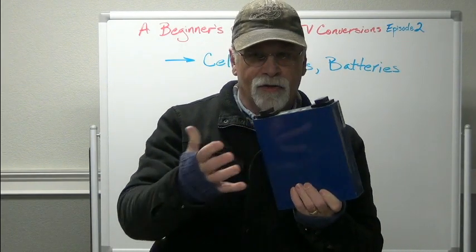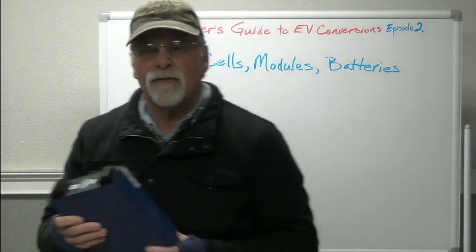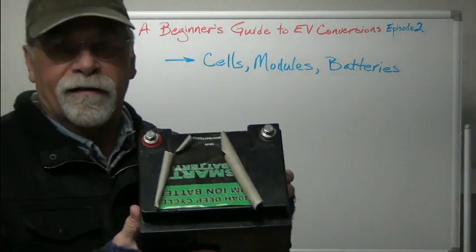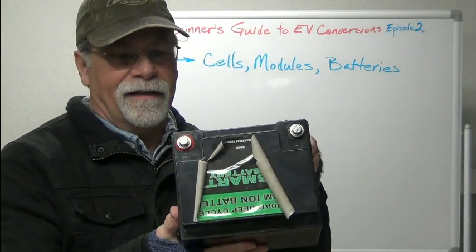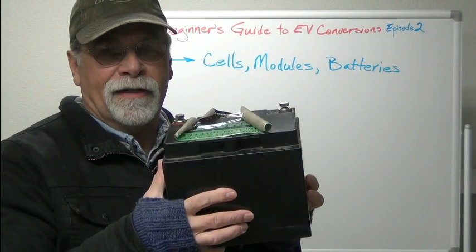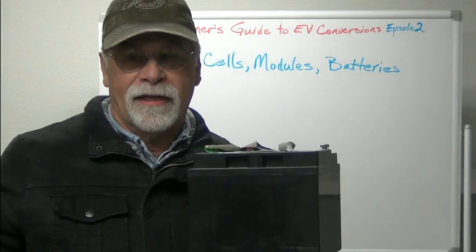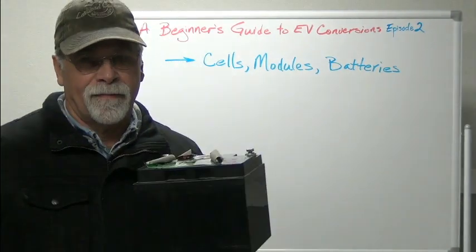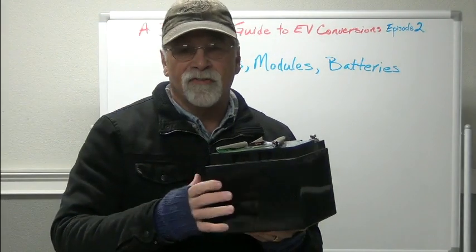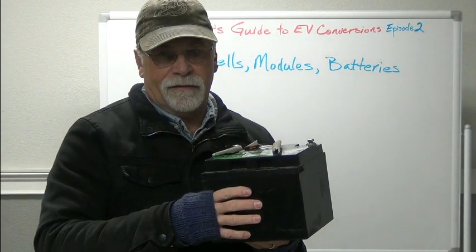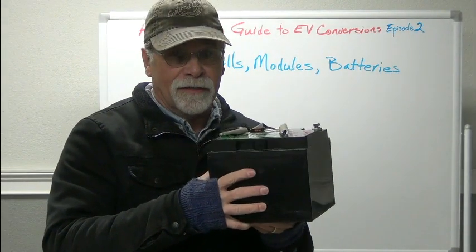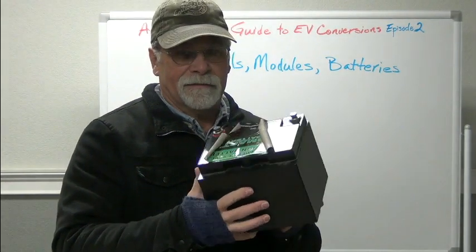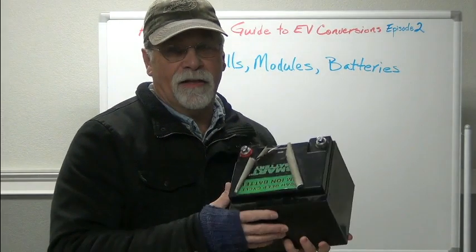Now if we take a group of these and put them in a vehicle, then we would have a battery. And we refer to it as the battery pack. This is a battery. This is the same chemistry as that cell we just looked at. But it has 4 cells in here. So this is a battery. Again, just like the cell, you have positive and negative terminals.